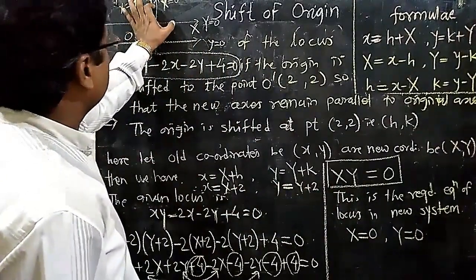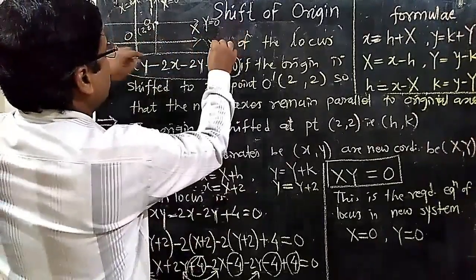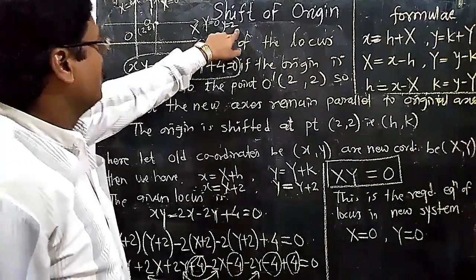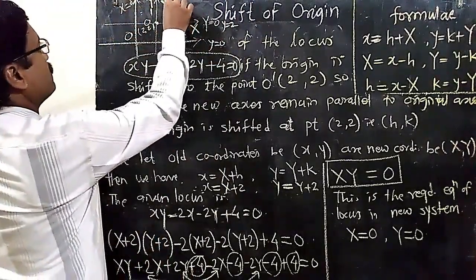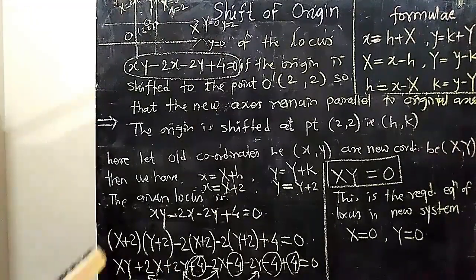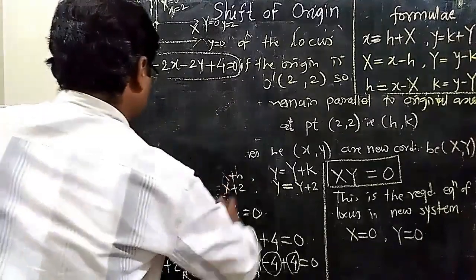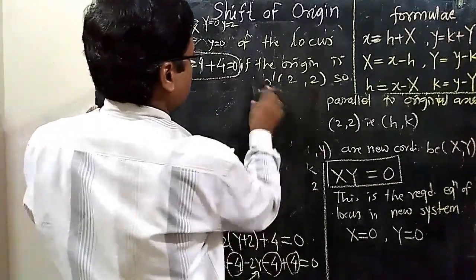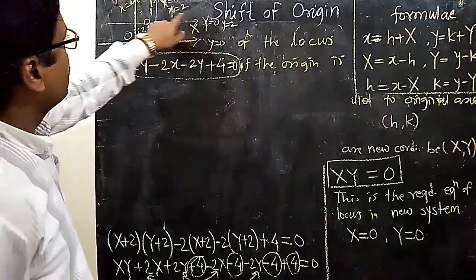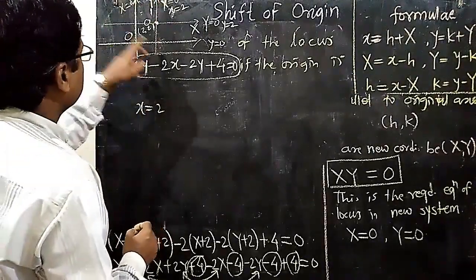If we find the equations of these new axes in old system, then the equation of this line will actually be y = 2. Capital Y = 0 is nothing but small y = 2, and capital X = 0 is nothing but small x = 2. So if you take the multiplication of these two lines, x = 2 is one line, and y = 2 is another line.